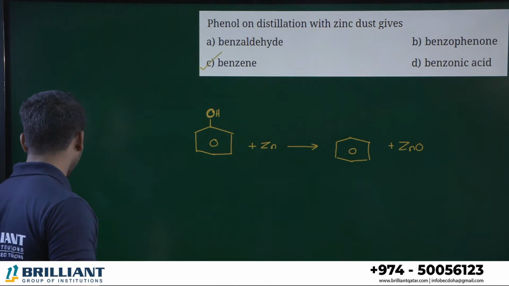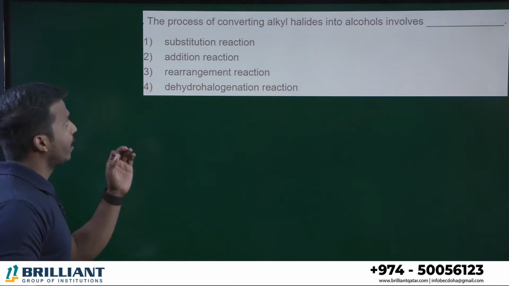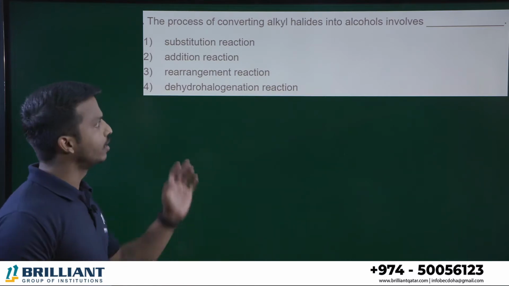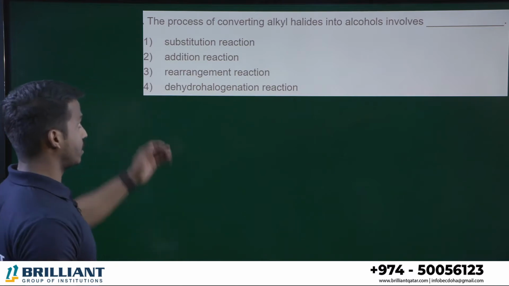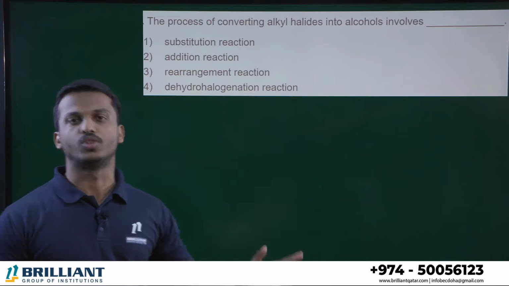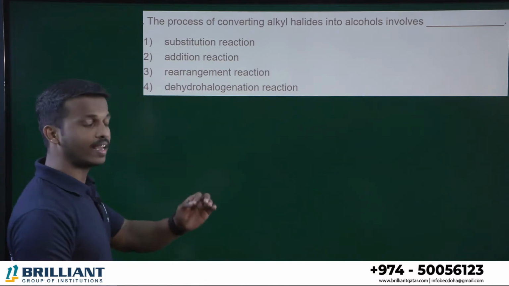All right. Question number 2, we have the process of converting an alkyl halide into alcohol involves which process? Whether it is a substitution, addition, rearrangement or dehydrohalogenation. That's the question.